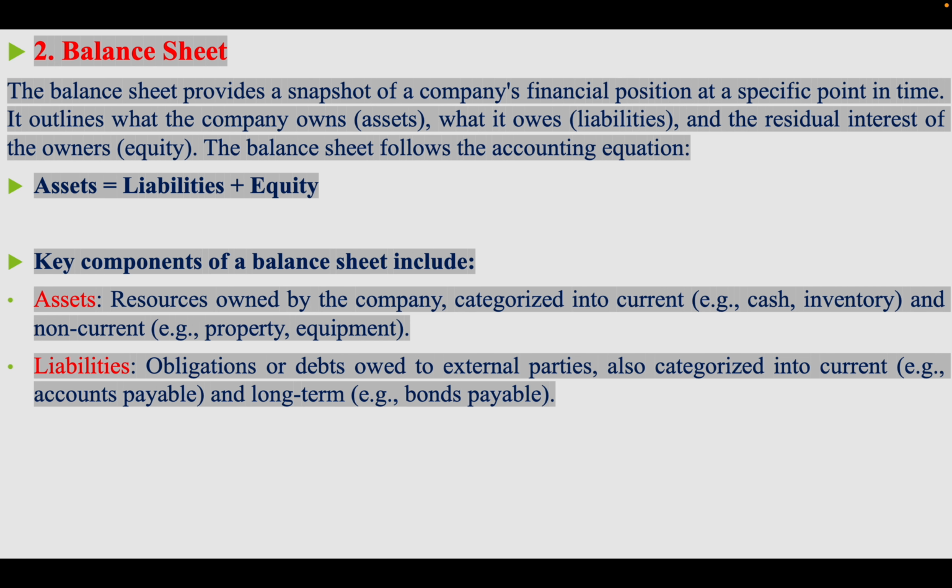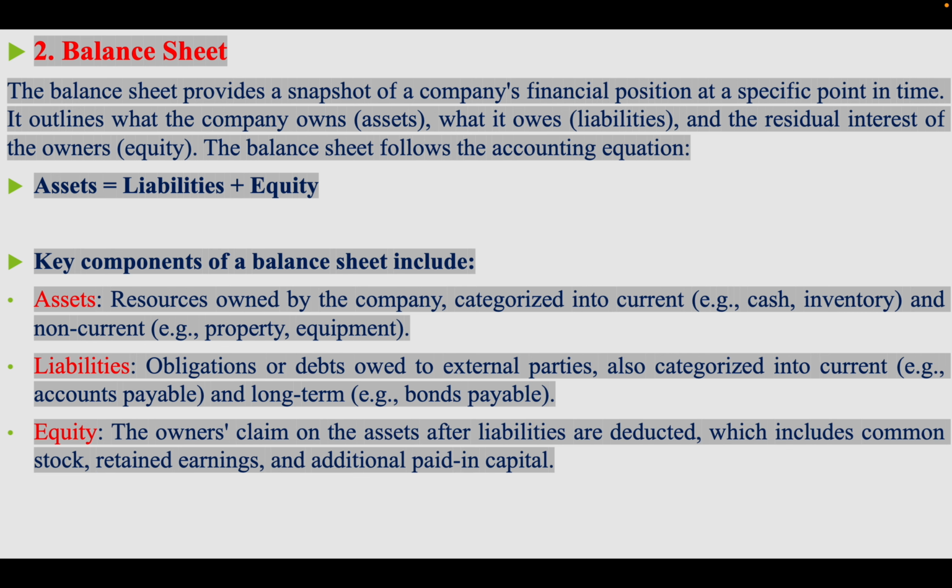Liabilities, obligations or debt owed to external parties, also categorized into current, that is accounts payable, and long term, that is bonds payable. Equity: the owner's claim on the assets after liabilities are deducted, which includes common stock, retained earnings, and additional paid in capital.